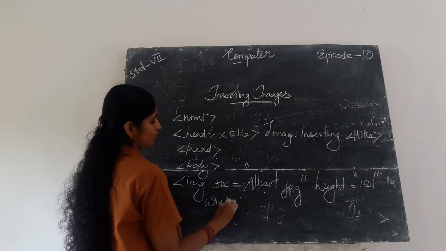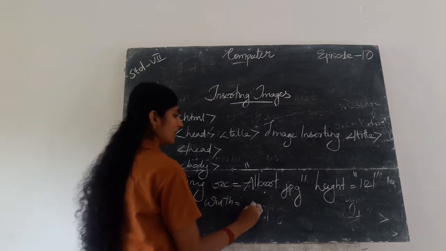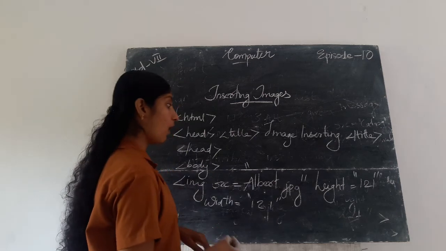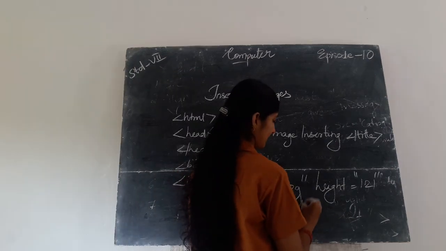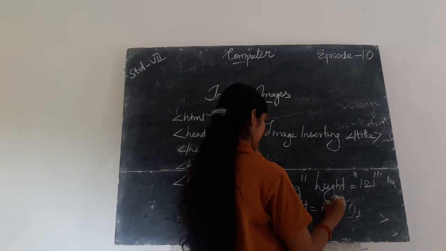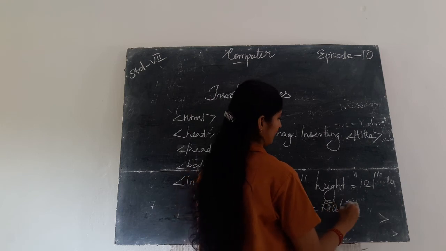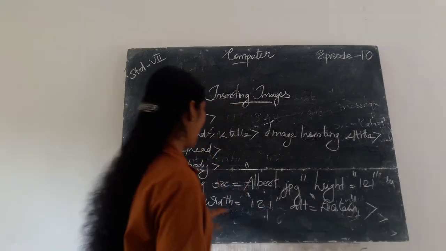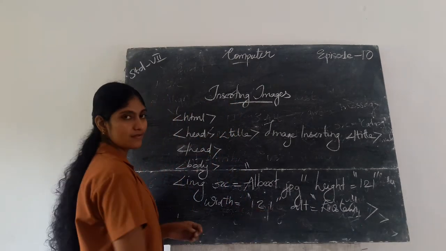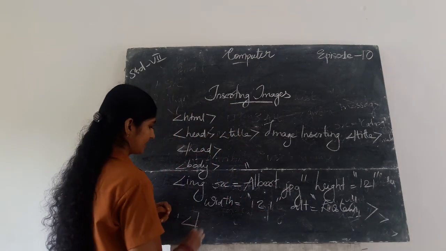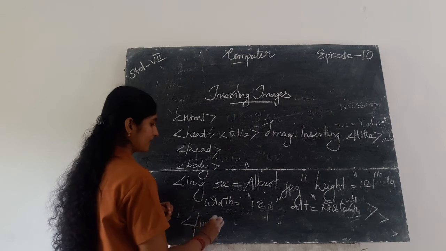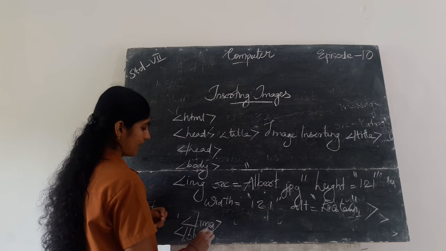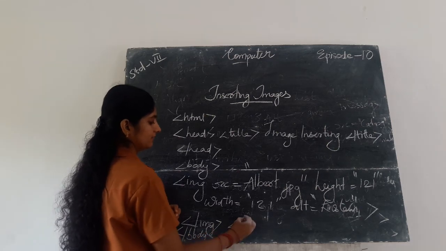Width is equal to 121. Then alt is equal to Einstein. So after writing all these attributes, just close the image tag, then close the body tag, then close the HTML tag.